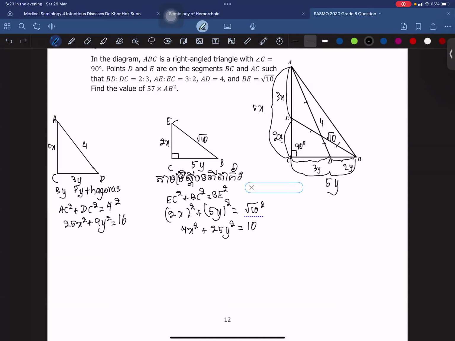Okay, so what do we have next? That's the way we need to find x and y.